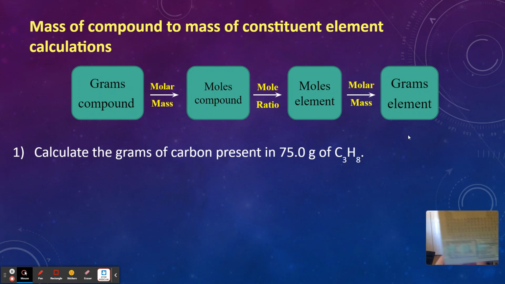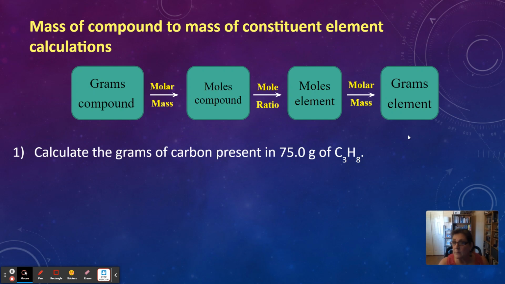We need to figure out the molar mass of C3H8. So that's going to be carbon, which is 12.01 times 3, plus 8 hydrogens at 1.01 each is 8.08, which gives us 44.11 grams per mole.